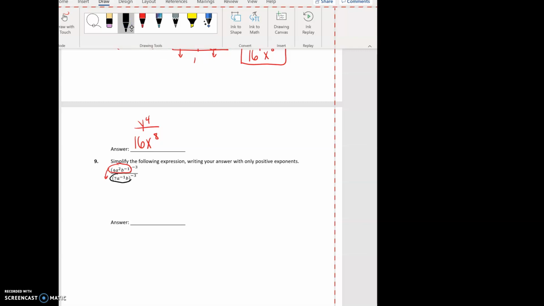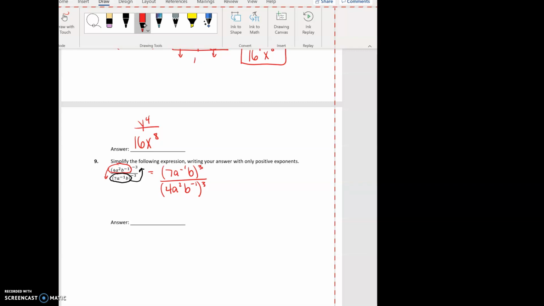All of this is also being raised to the negative 3rd power, so I'm going to switch that up there and make both of those negative 3 exponents positive 3's and do a little switch around. Okay, so I'll have 7a to the negative 1b in the numerator and 4a squared b to the negative 1 in the denominator, and at least that gets rid of some of our negatives.